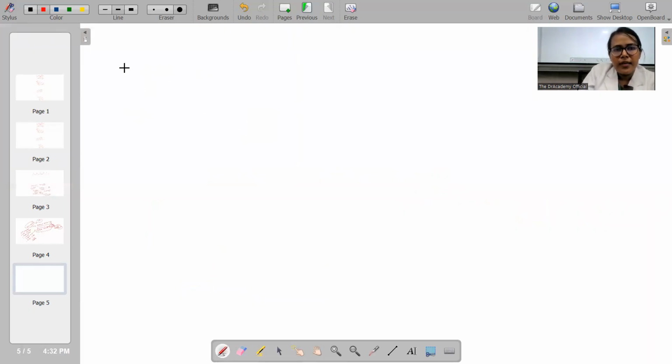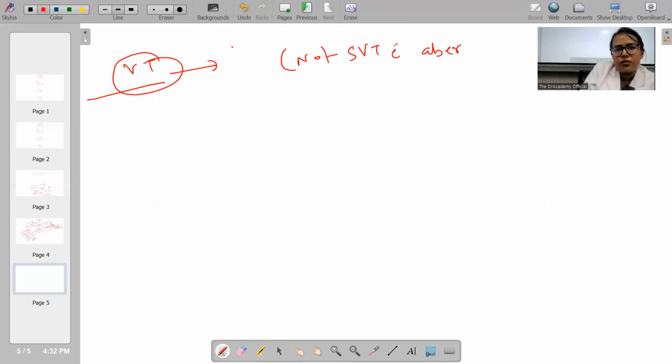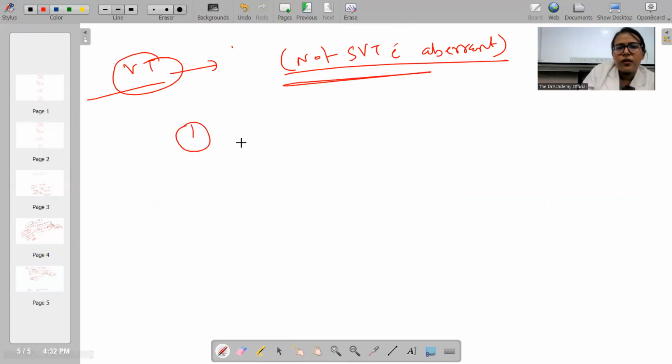So ventricular tachycardia, what are the ways you can tell for sure that this is actually ventricular tachycardia, but not SVT with aberrant conduction? First of all, the QRS duration will be more than 160 milliseconds, so this will be very broad.